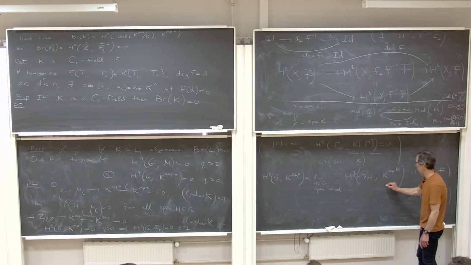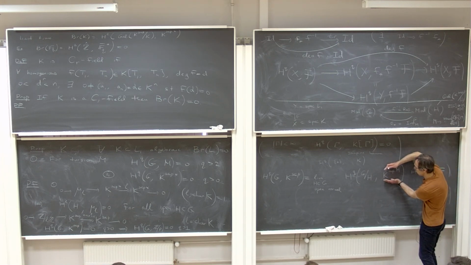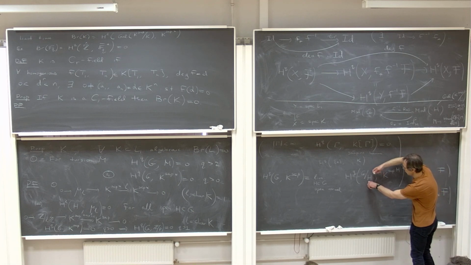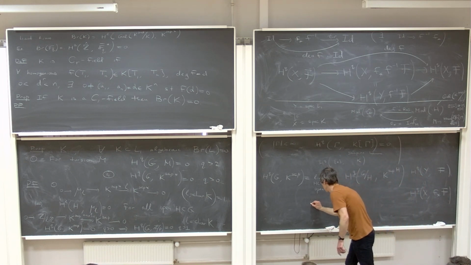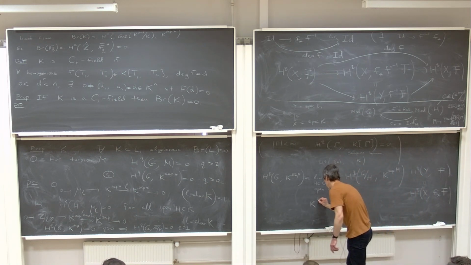So this is a finite Galois field extension corresponding to this open normal subgroup. And the fact that I referred to is a theorem of Artin, that is the following.